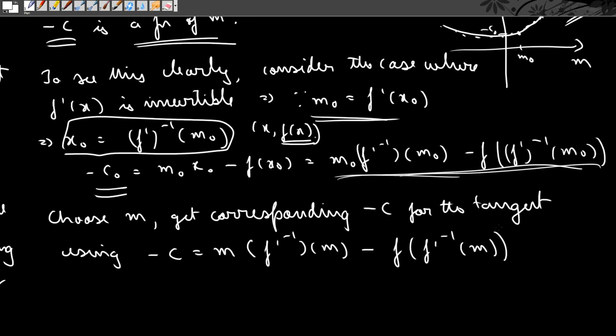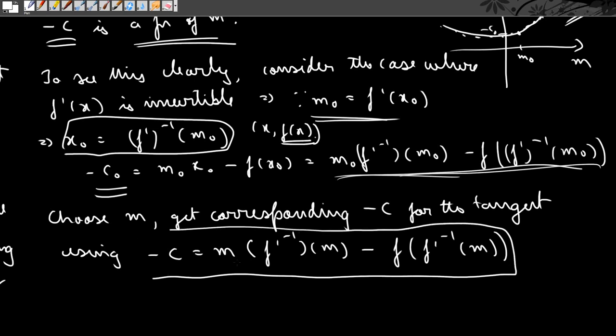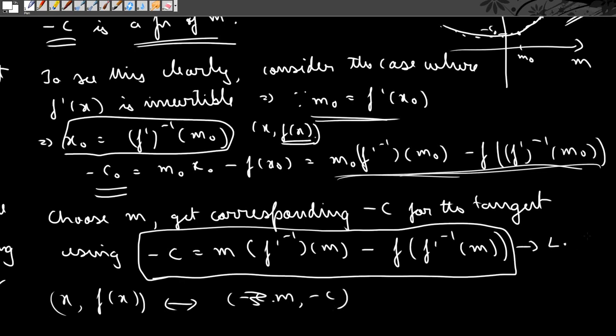So in this case where f dash is invertible, using this particular relation we go from x comma f of x to m comma minus c. So this becomes our Legendre transform.